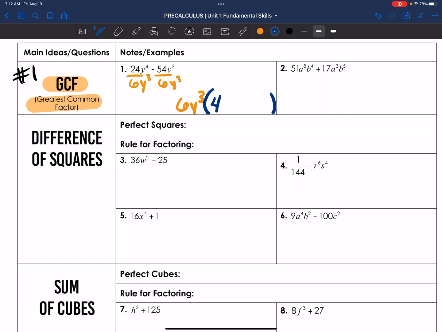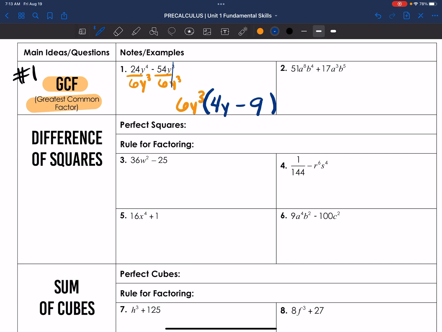And if I apply those properties of exponents from before, y fourth divided by y to the third is going to be just a single y, because we subtract those exponents. And then we have the y cubed over y cubed. That simplifies to just a 1. And what is negative 54 divided by 6? That is a negative 9.